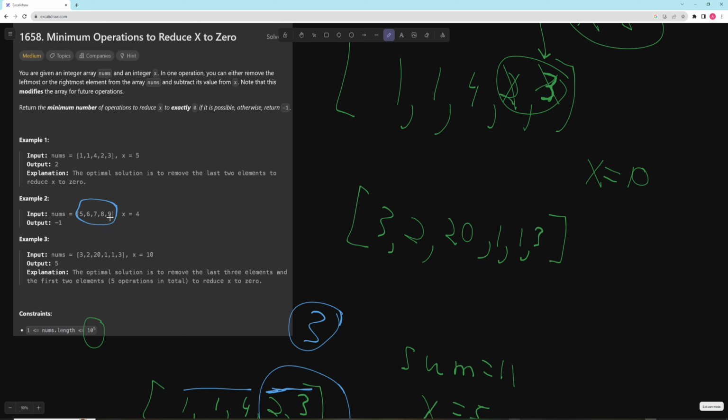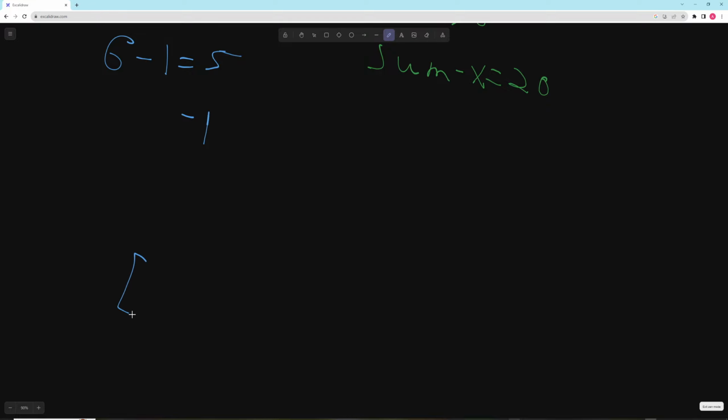So what's the sum here? So it's 17 plus 7. Let's actually do this one as well, just to show a no solution type of thing. So 5, 6, 7, 8, 9, and we are looking for 4. So our sum here is 11, 18, 26, 35.